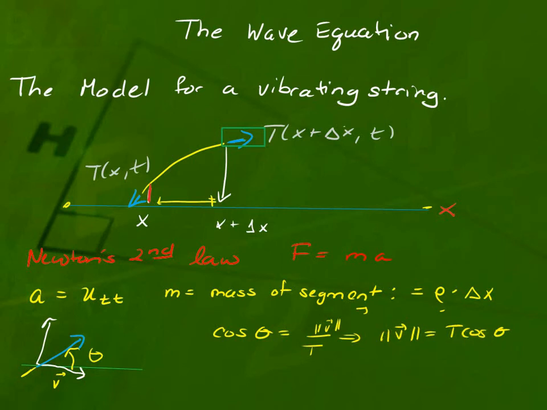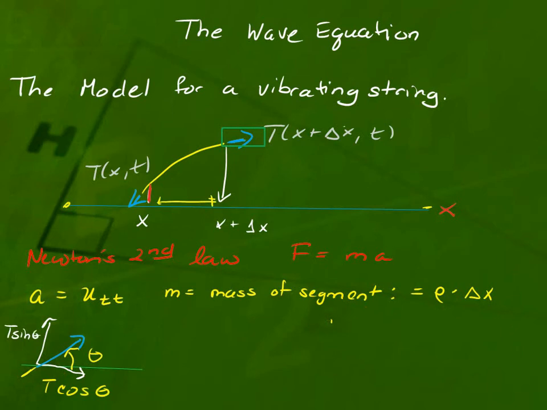Good to go? All I'm doing is formulas from Calc 3, the formula for the angle between two vectors, and I'm making some assumptions about the magnitude of some of those vectors, that they're normalized, and that gives me this formula for the magnitude of v. Well, if that side is T cosine theta, the other side is T sine theta.